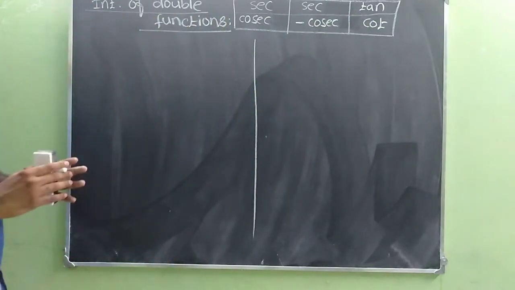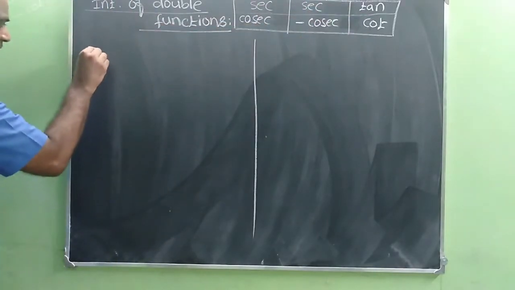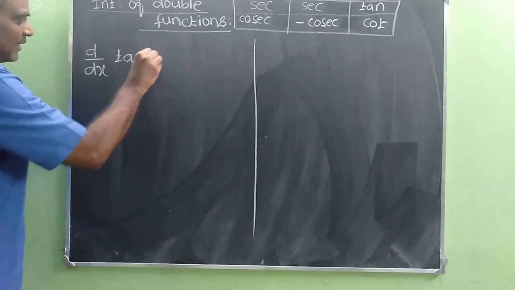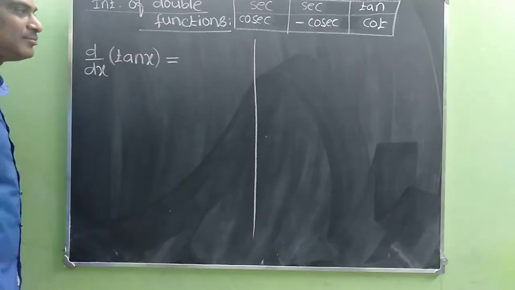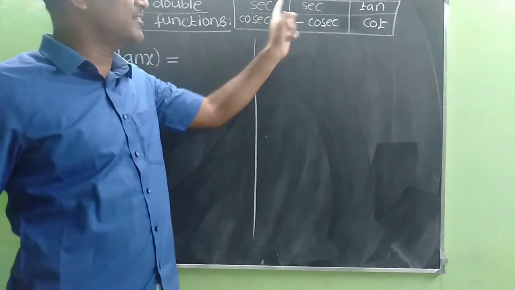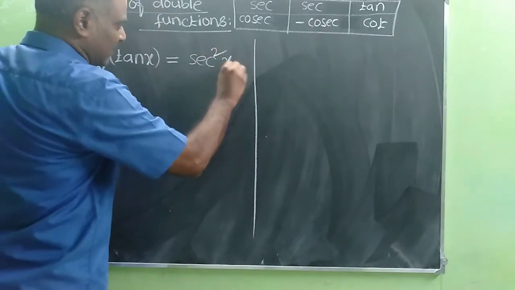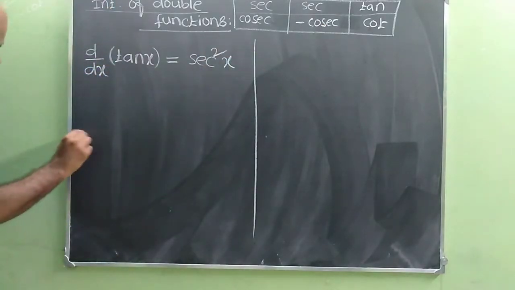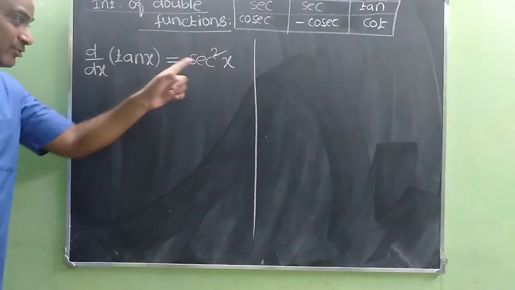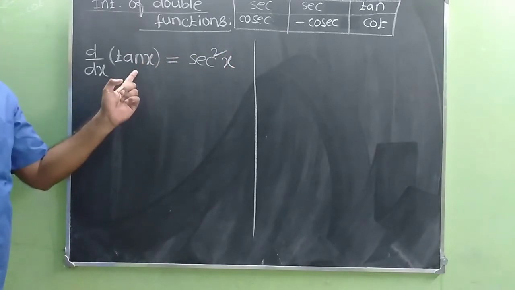Consider the differentiation of tan and cot. d by dx of tan x equals secant into secant, secant square x. This implies differentiation of tan x equals secant square x, so integration of secant square x equals tan x.